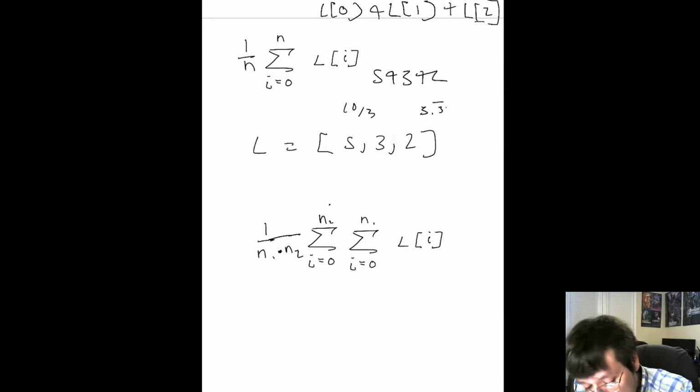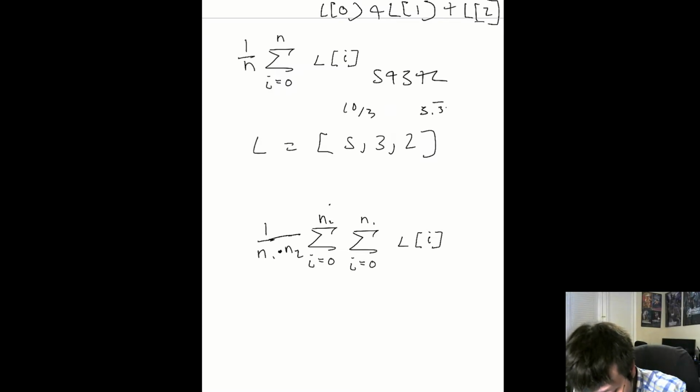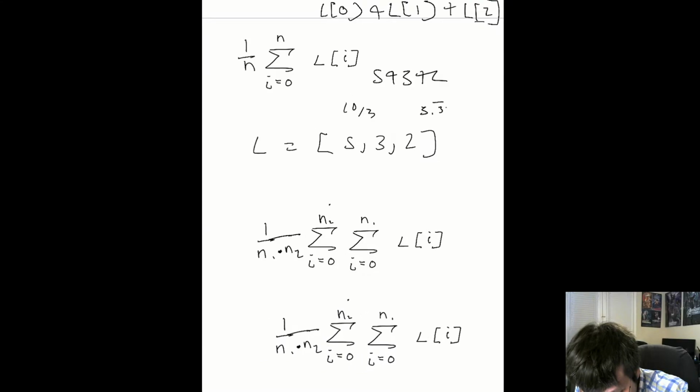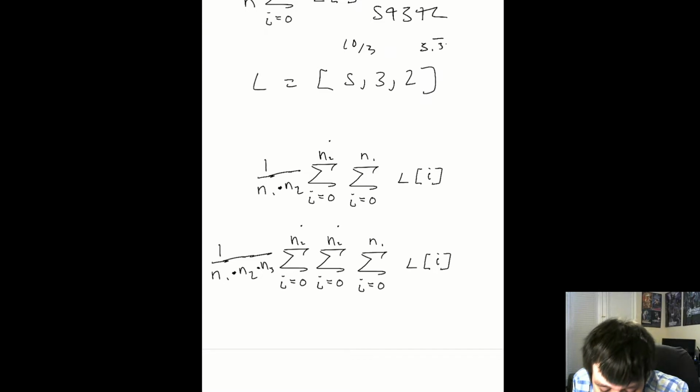So there you go. This will be a two-dimensional equivalent of that. And if you did 3 dimensions, just to show you right here, then all you would do at this point is n cubed.